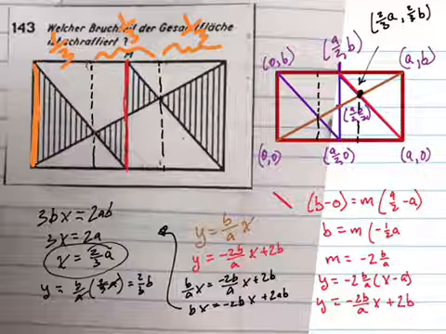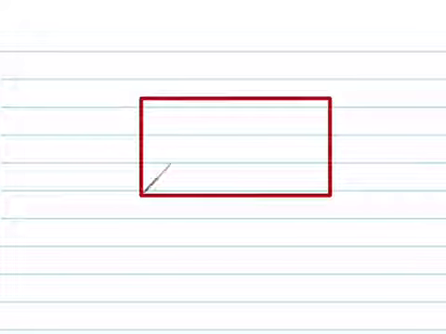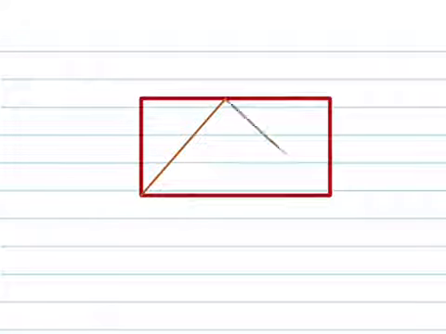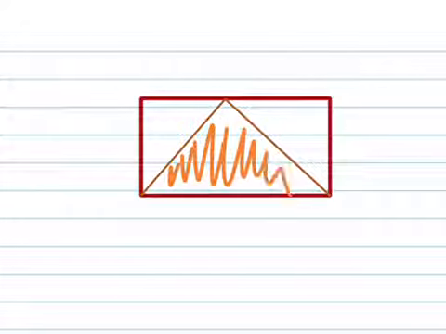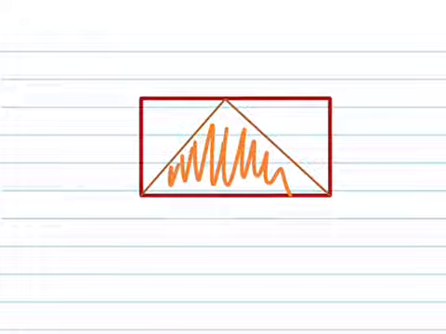So anytime I have any rectangle and I put a triangle inside it, it doesn't matter where I put that point as long as I go from the vertices, this triangle is going to be 1/2 of the area of the entire rectangle.